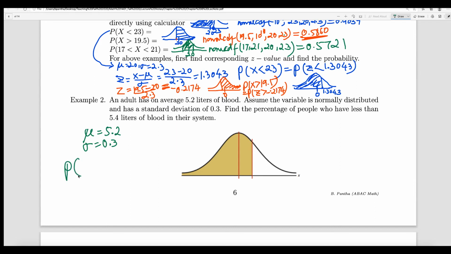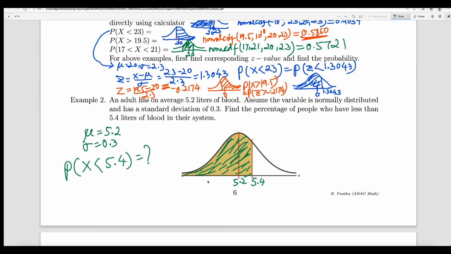What it is asking is probability that x is less than 5.4 equals what? So see, 5.2 is the mean, right? And this is 5.4. You want to find all the area left of 5.4, which is the same as the probability that the person selected has 5.4 liters of blood or less.